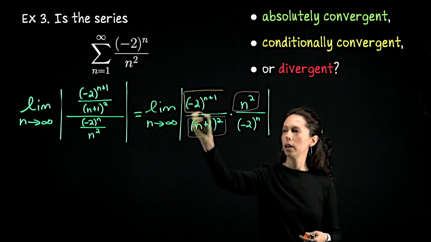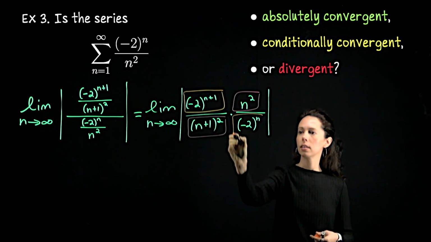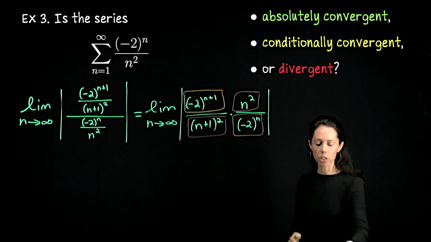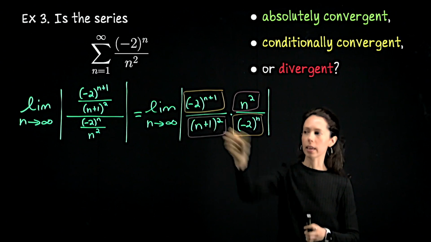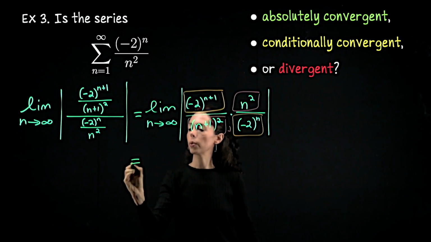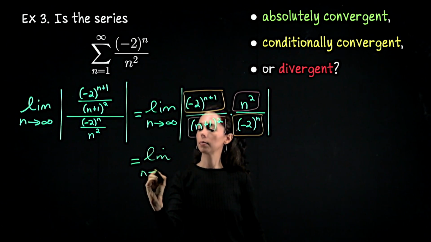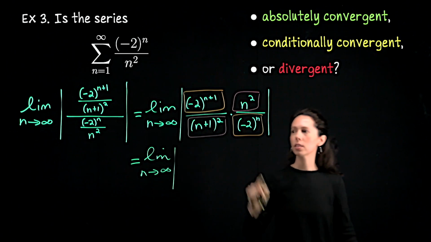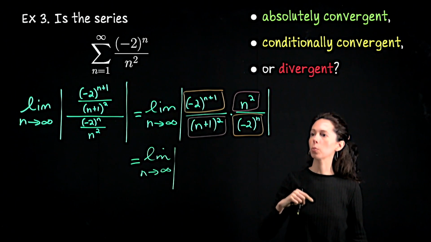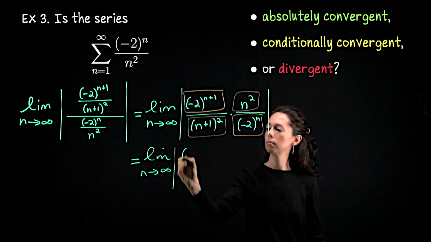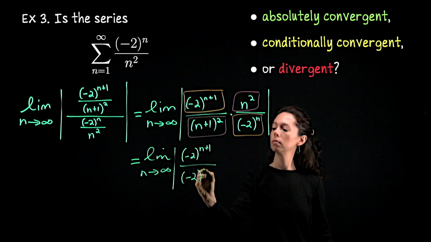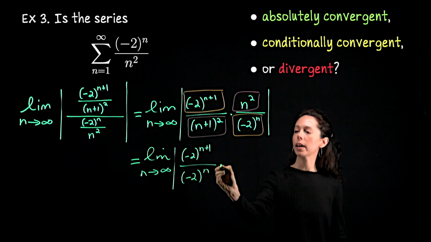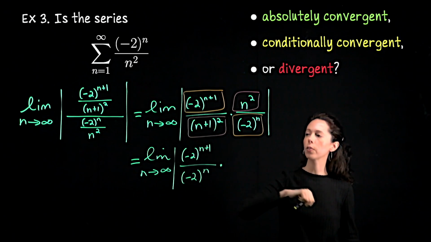So I'm going to reorganize this expression now that I've made it hard to read, putting this over this and this over this. So this is going to be the limit as n goes to infinity of, let's start with the -2 powers, -2 to the n plus 1 divided by -2 to the n. And then my second expression is going to be n squared over n plus 1 squared.